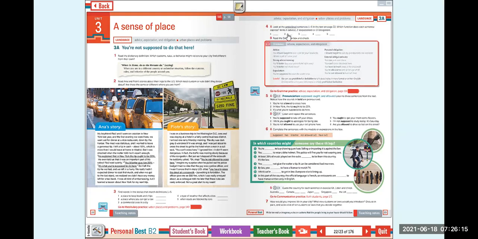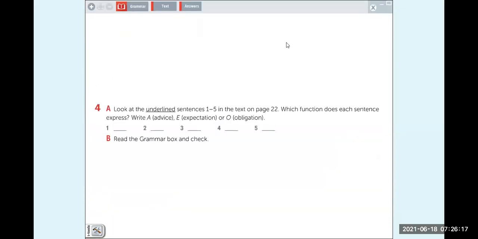Okay. So, in exercise number 4 on page 23, it says, look at the underlined sentences from 1 to 5 on the text on page 22. Which functions does each sentence express? We need to write A for advice, E for expectation, and O for obligation.